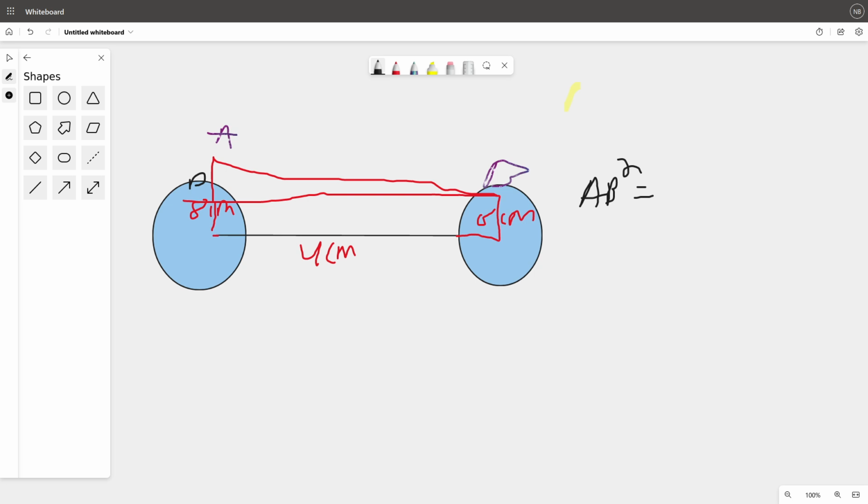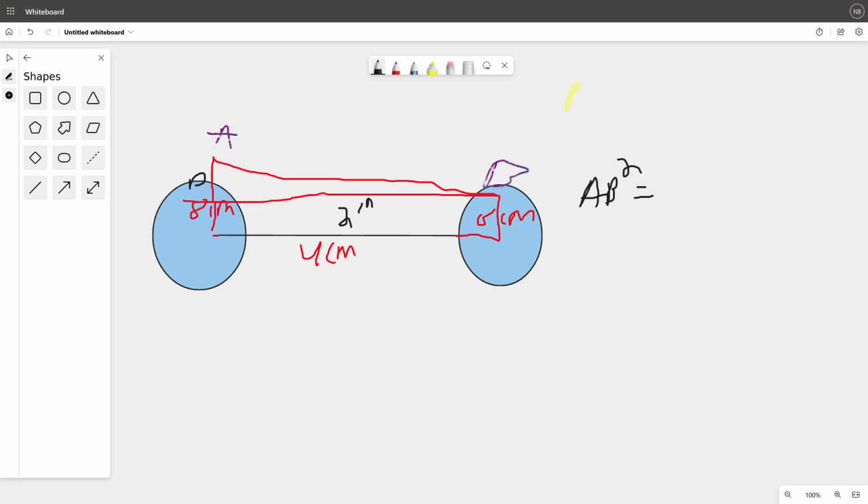All we do is subtract 8 minus 6 to find AD.